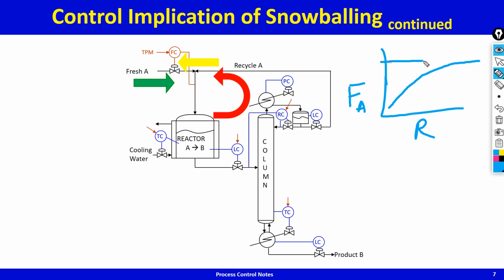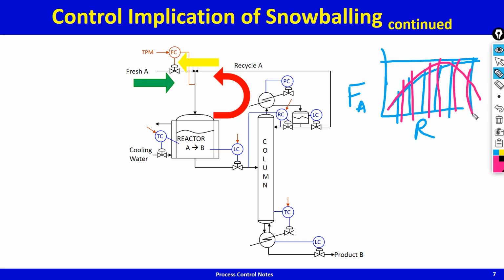And this is your maximum production, and no matter what you specify your recycle rate as, you are guaranteed a solution. Alternatively, if you had the curve like this, even then, no matter what you specify your recycle rate as, you are still guaranteed a solution.